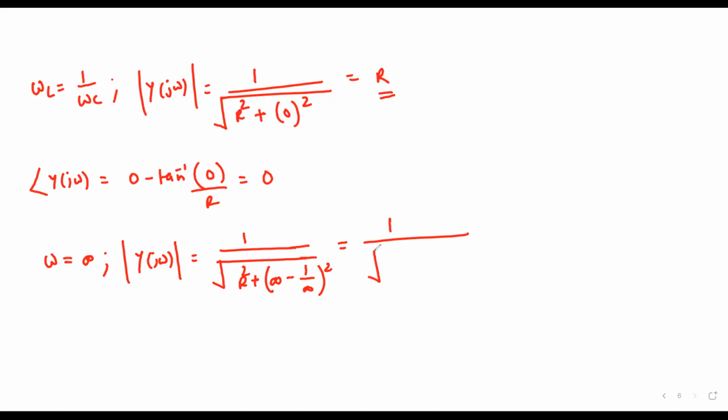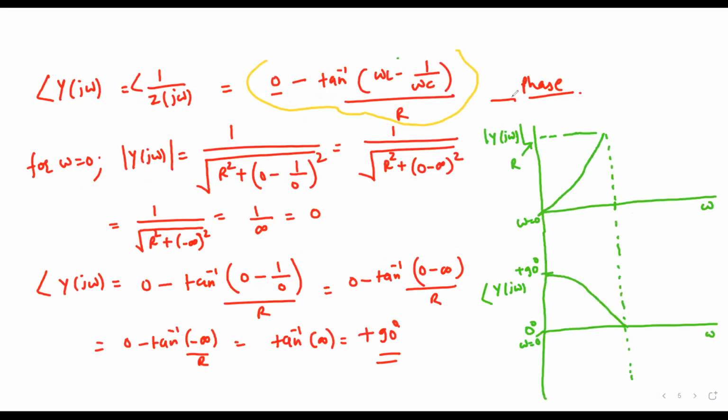So it's going to take the value R square plus infinity whole square, and again 1 over infinity is 0. So we can plot this, and when omega is very large, the magnitude is dropping to 0 right here.